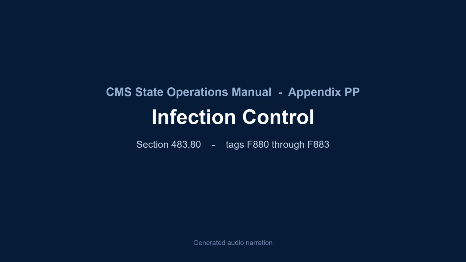While an ASP is a team effort, the IP is responsible for ensuring the program meets the requirements for ASPs at Section 483.80(a)(3), F881. The IP should review and approve infection prevention and control training topics and content, as well as ensure facility staff are trained on the IPCP.